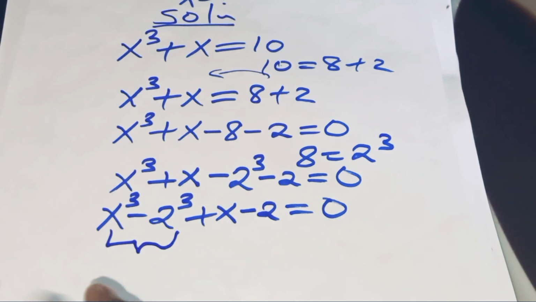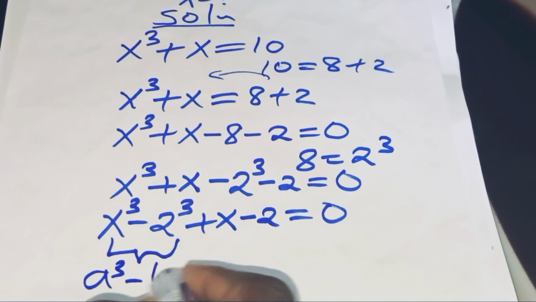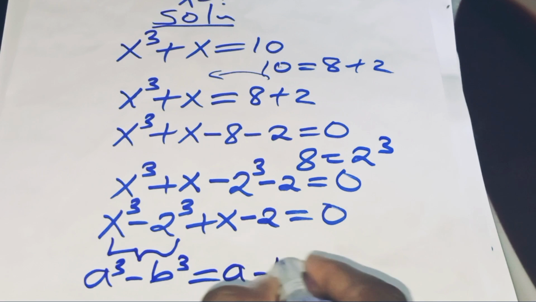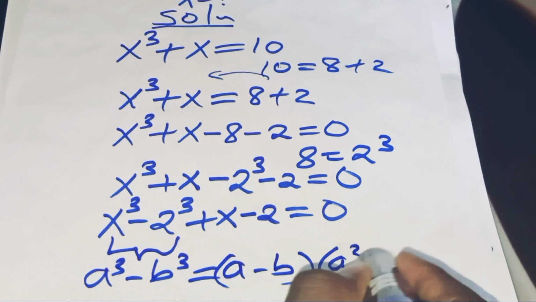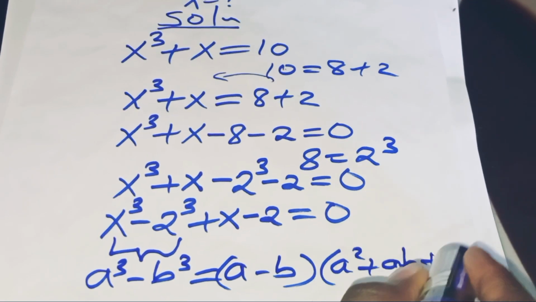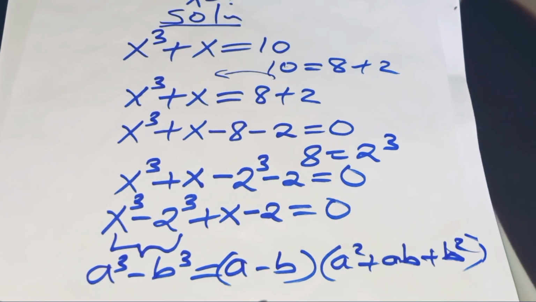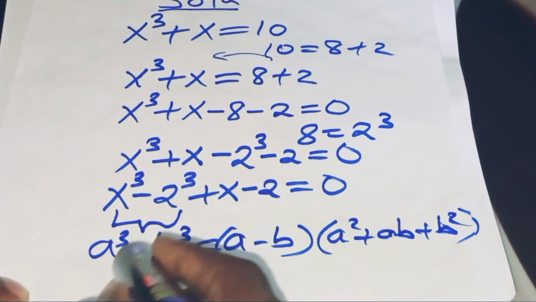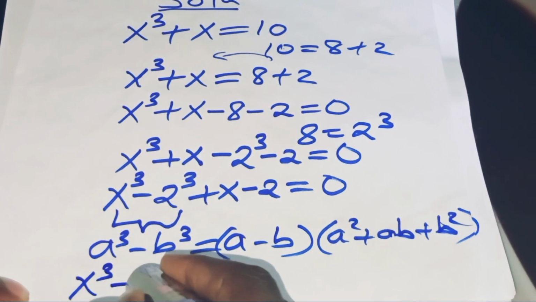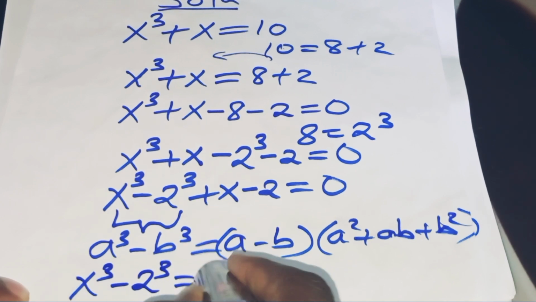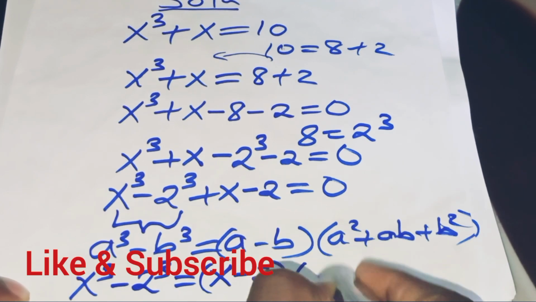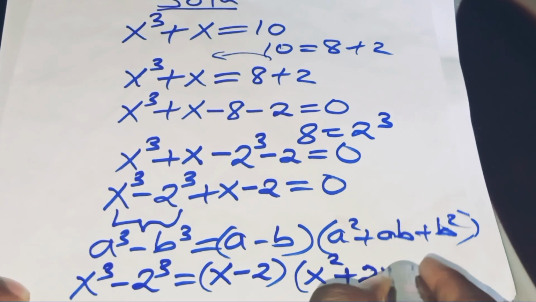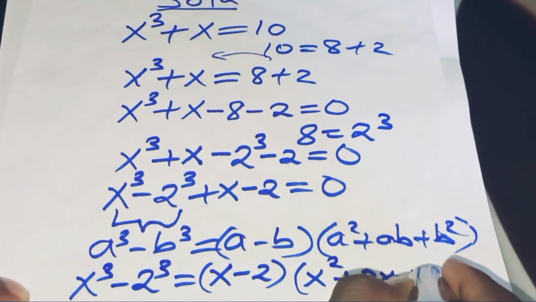Now, x to the power 3 subtract 2 to the power 3 is actually the difference of two cubes, expressed as a to the power 3 minus b to the power 3, which you can express as a minus b, a squared plus ab plus b squared. Applying this identity, x cubed minus 2 cubed can be expressed as x minus 2, times x squared plus 2 times x, which is 2x, plus 2 squared, which is equal to 4.